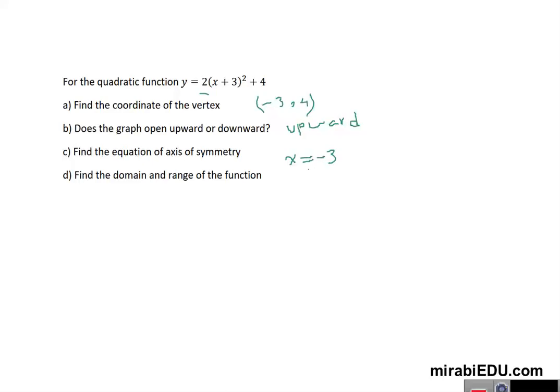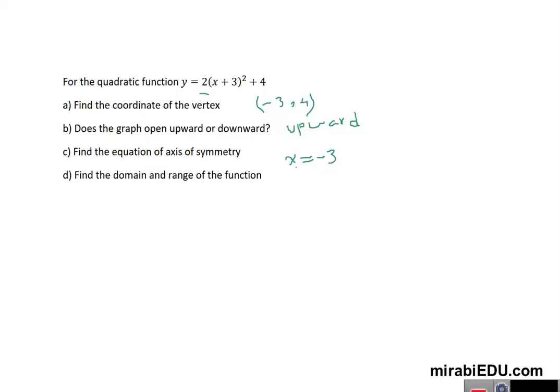The axis of symmetry is a line such that if we fold the graph, it will lie on itself. So in quadratic functions, this vertical line is the axis of symmetry.